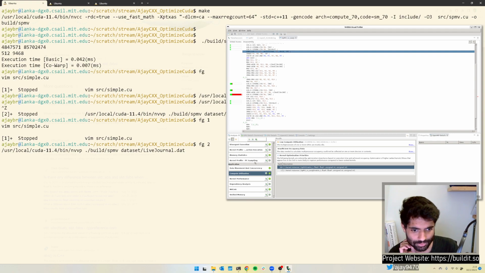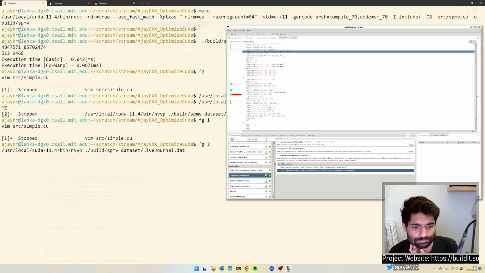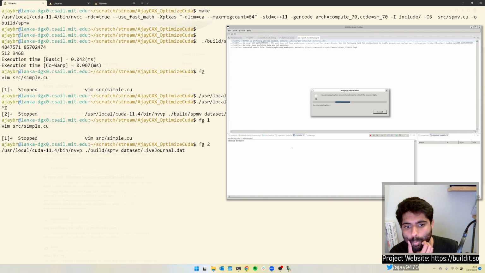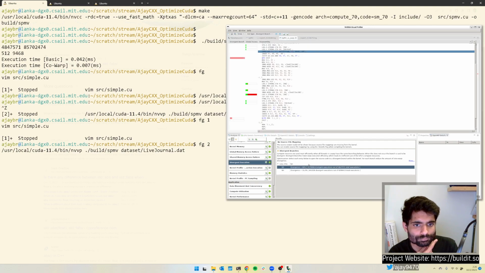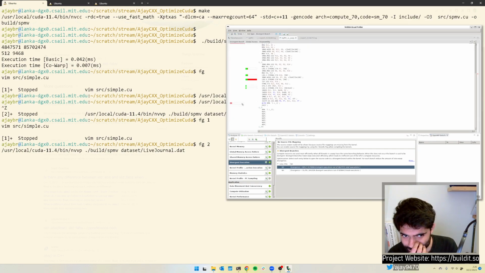Actually, no. Let's look at divergence basically. Divergent execution. Okay, yeah. So this one has divergence, but it's not as bad anymore. It's less than before, but we haven't still solved the problem.